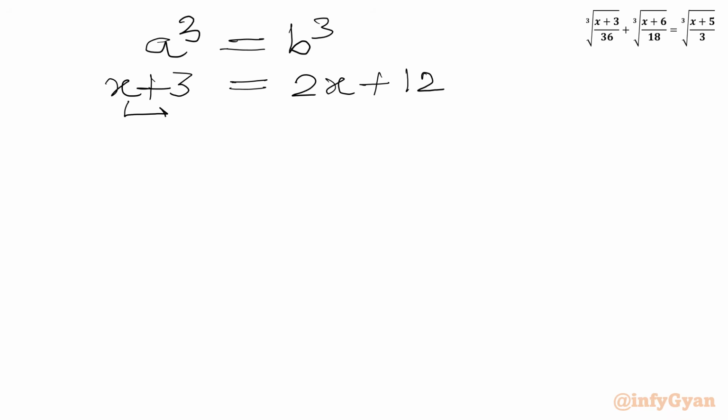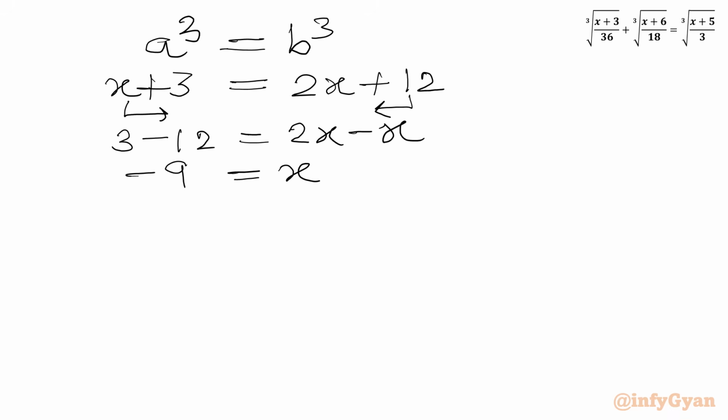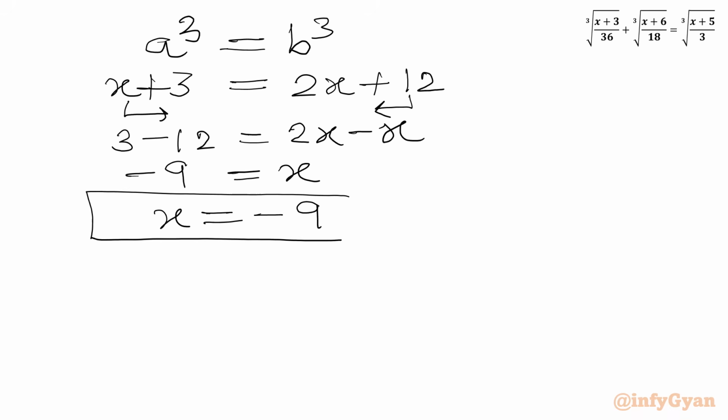Now I will take x to the RHS, 12 to the LHS. So we can write 3 minus 12 equal to 2x minus x. LHS will be minus 9, RHS is x. So our second real solution would be x equal to negative 9. So we have two real solutions, negative 5 and negative 9.